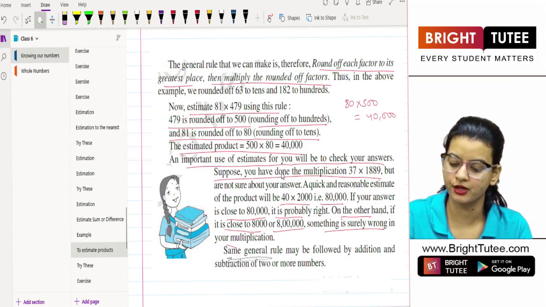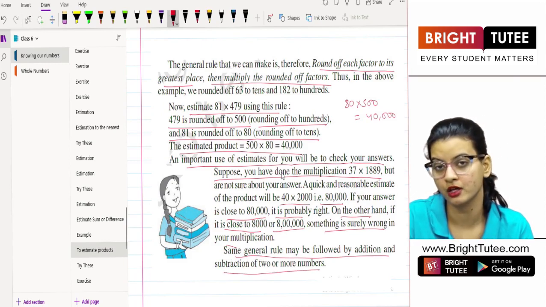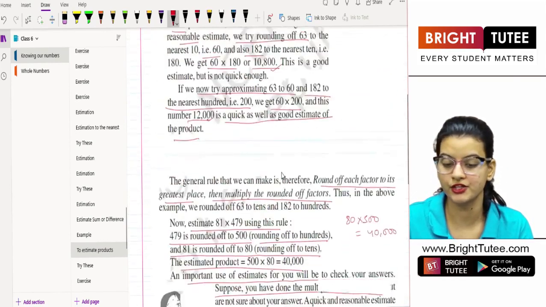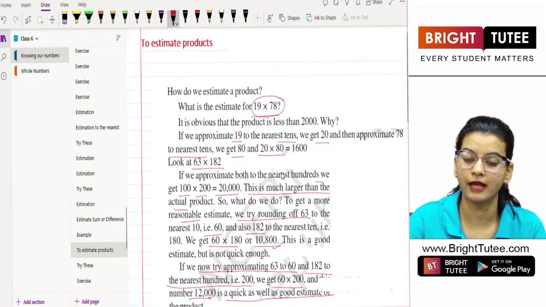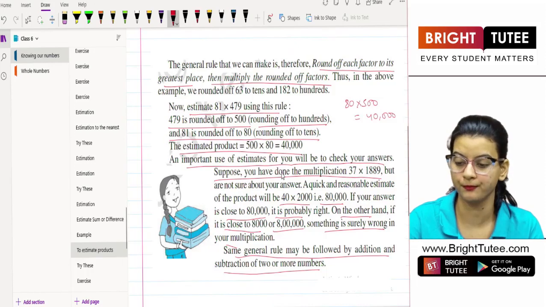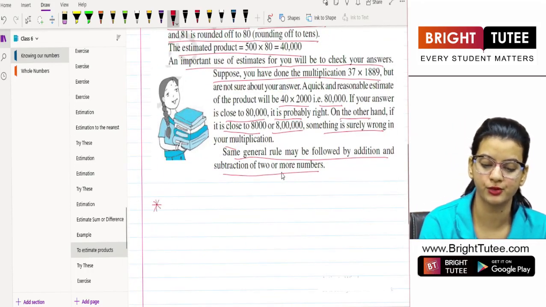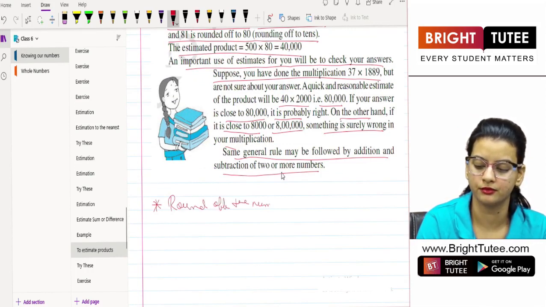So, the same general rule may be followed for addition and subtraction of 2 or more numbers. This is a general rule, and it has to be kept in mind: round off the number to its greatest place. This is very important.